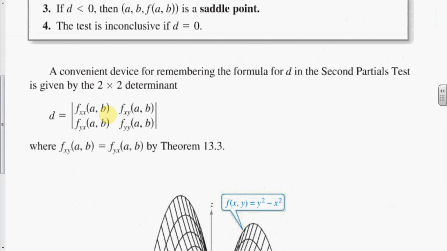The first value is the second partial of f with respect to x, and then the mixed partial, and then down here in row 2, column 1, the mixed partial, and then row 2, column 2, the second partial of f with respect to y. Now, here's when we get the saddle. Look at this guy right here. Remember, this is z equal to y squared minus x squared, elliptic paraboloid.